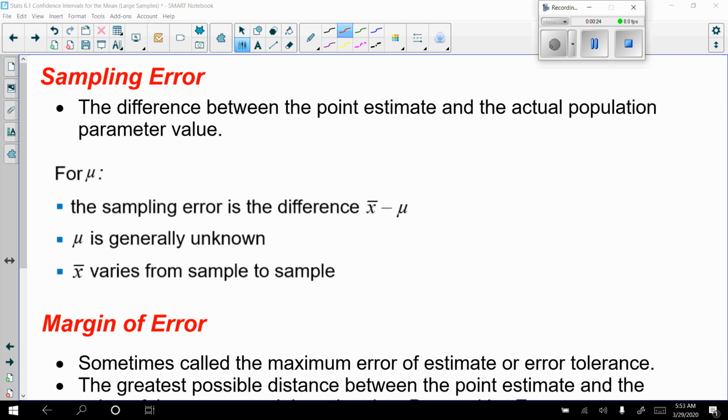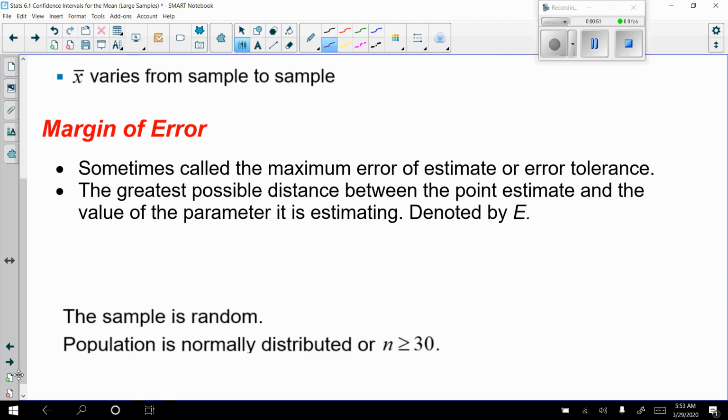The sampling error is the difference between what actually happened in the sample, the sample mean, minus the population mean. That is what we call sampling error. Okay?